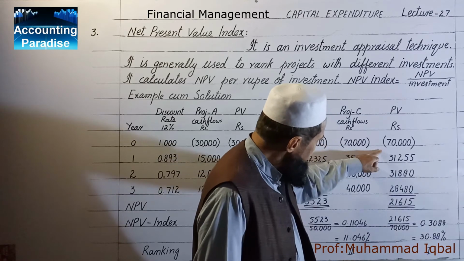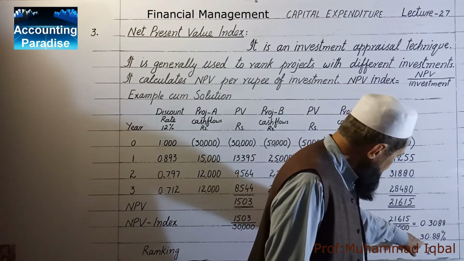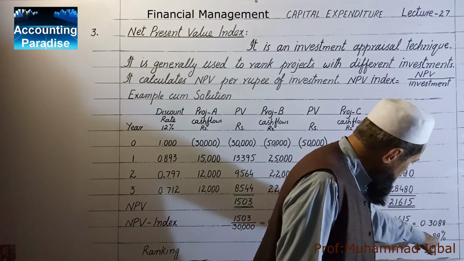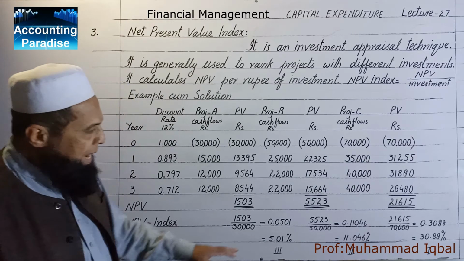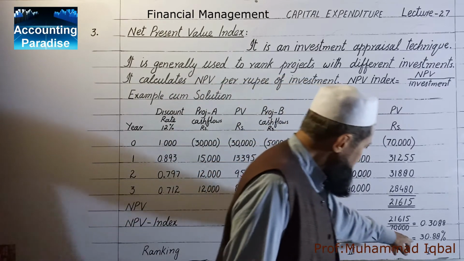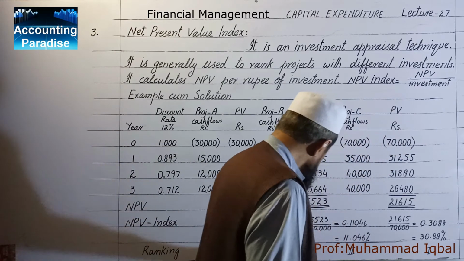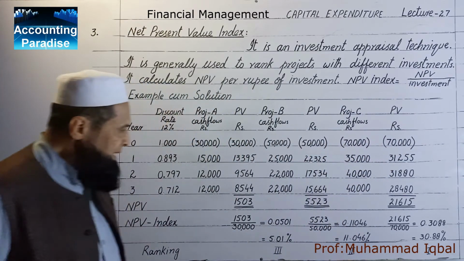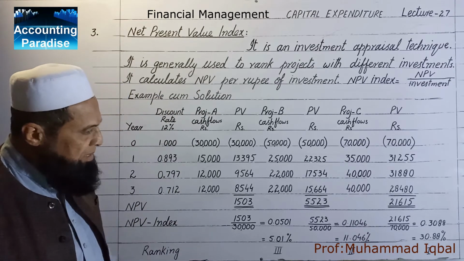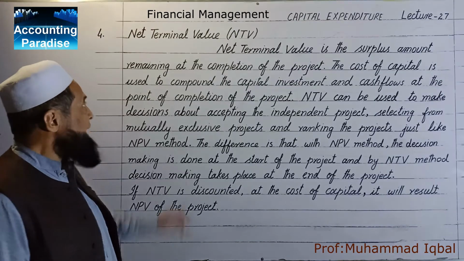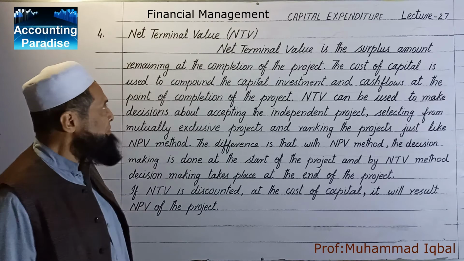When we divide it by the investment, the percentage figure comes to 30.88%. The ranking is, as it is the highest percent, it is ranking 1, then ranking 2, then ranking 3. The higher the net present value index, the better the ranking. The next appraisal method is net terminal value, NTV.